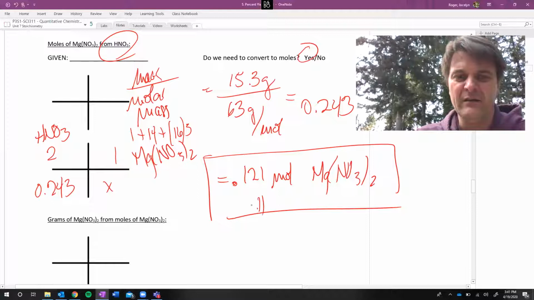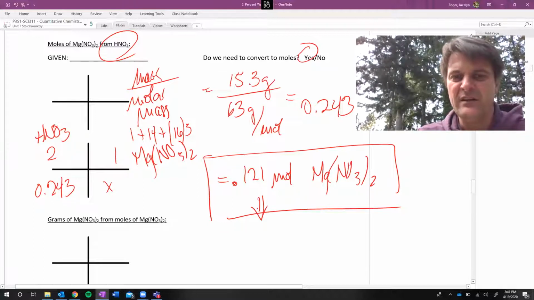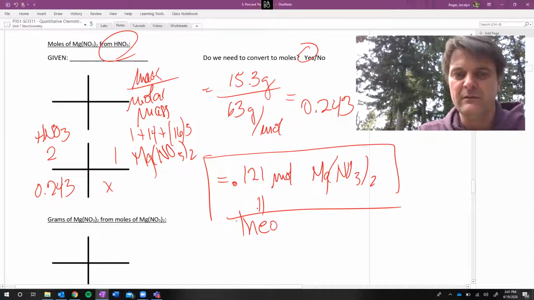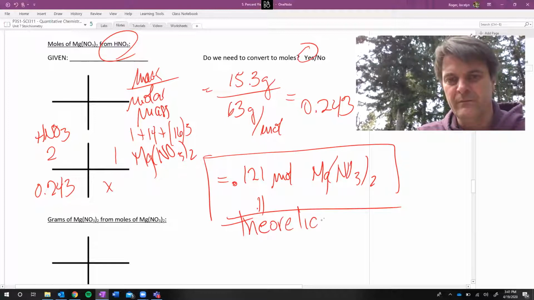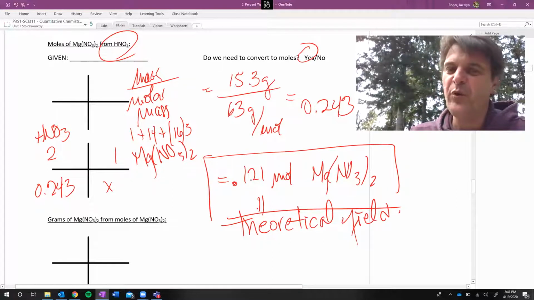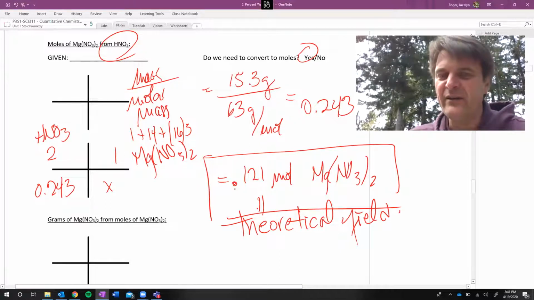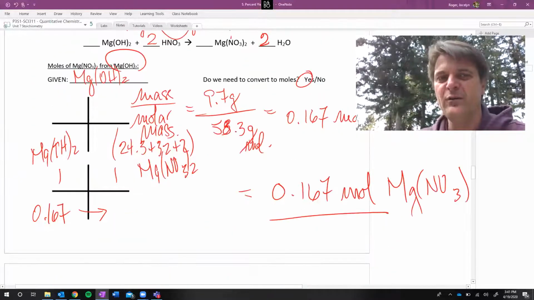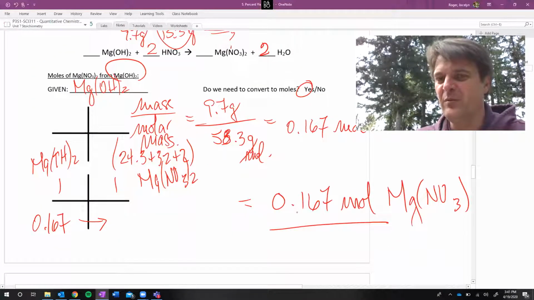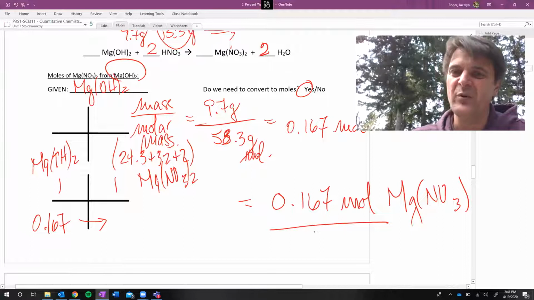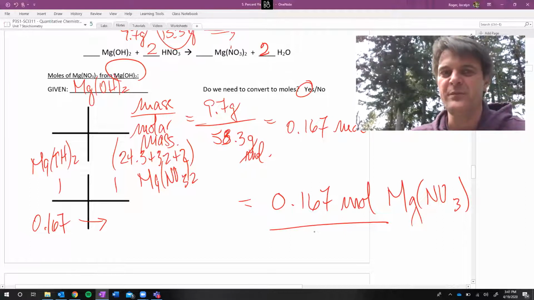This amount right here is our theoretical yield. That's the maximum amount we can make, because as soon as you've made 0.121, you're going to run out of nitric acid. The reaction will stop. It doesn't matter if you have enough magnesium hydroxide to make 0.167. You'll never get there. You don't have enough nitric acid.